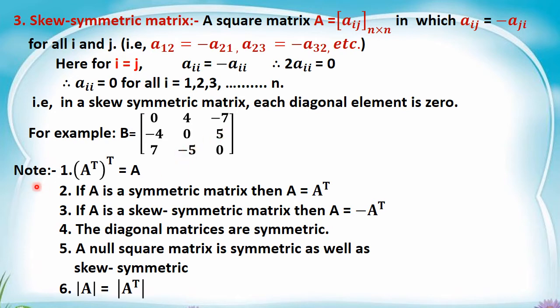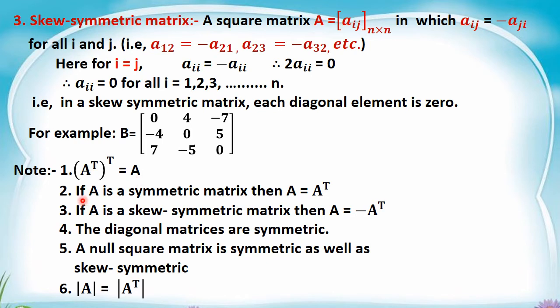Now, there are some important points. If you find the transpose of a matrix, and again find the transpose of that transpose, that is, the transpose of A transpose equals A. That is, if you find the transpose of a matrix two times, you will get the original matrix.